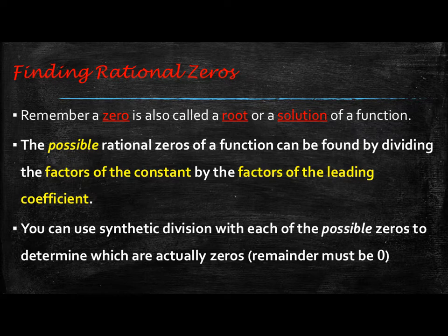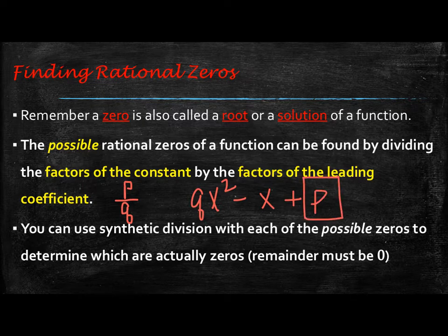The possible rational zeros of a function can be found by dividing the factors of the constant by the factors of the leading coefficient. We oftentimes say this is P, and we take the factors of P divided by the factors of Q. What that means is, you might have Q x squared minus x plus P. So this is the constant.